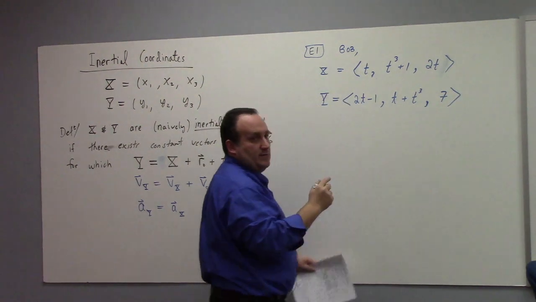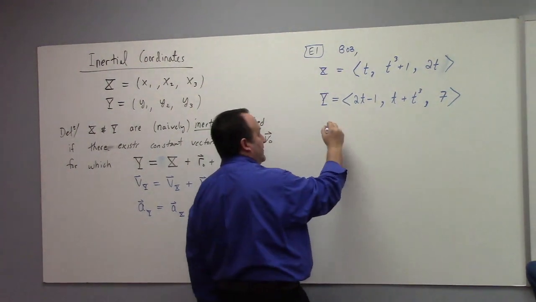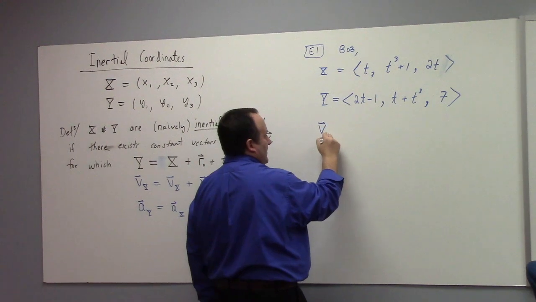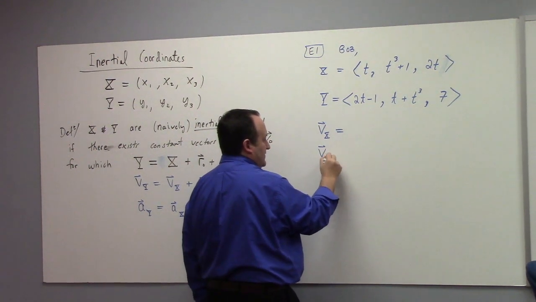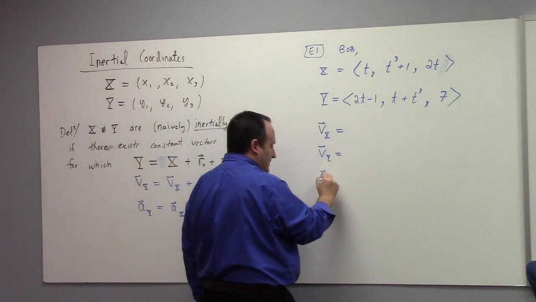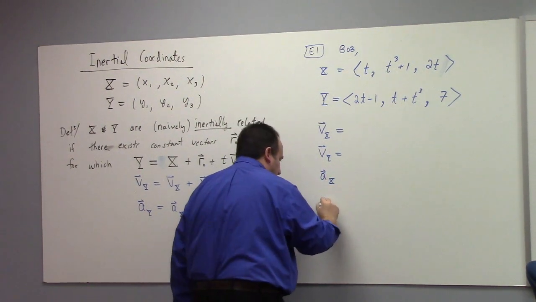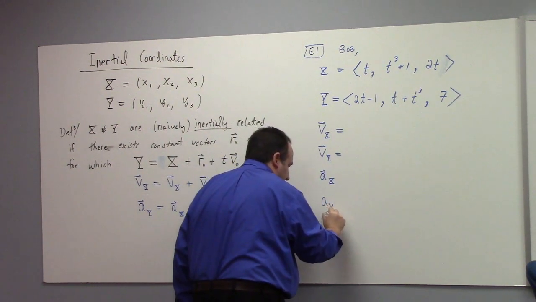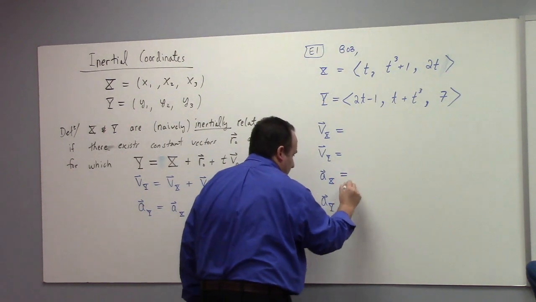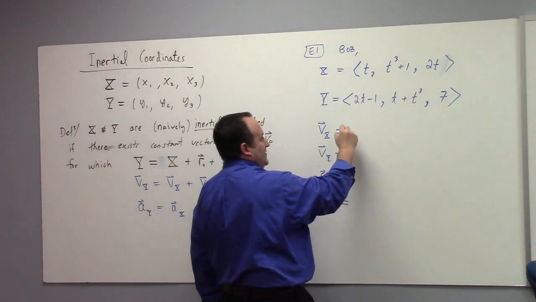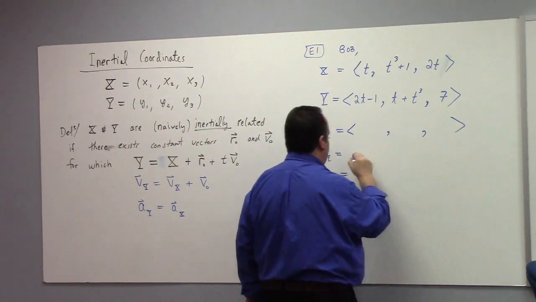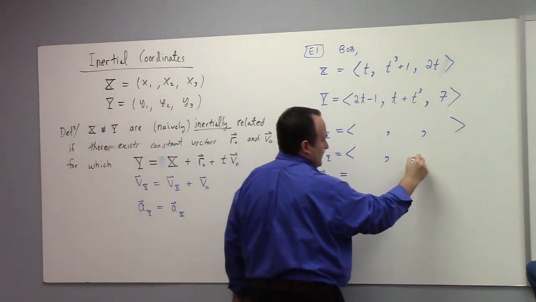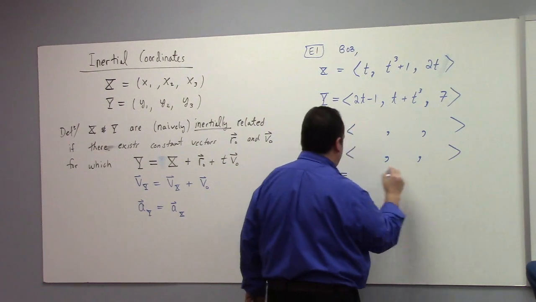All right. So I want you guys to work it out for yourself. What is the velocity in the x coordinate system? What's the velocity in the y coordinate system? What's the acceleration in the x coordinate system? What's the acceleration of Bob in the y coordinate system? Work these out, and you guys tell me what we should get for these 4 vectors.